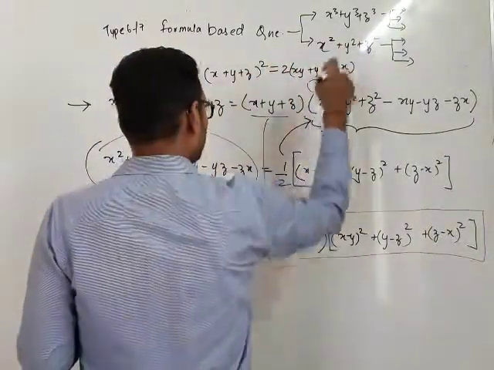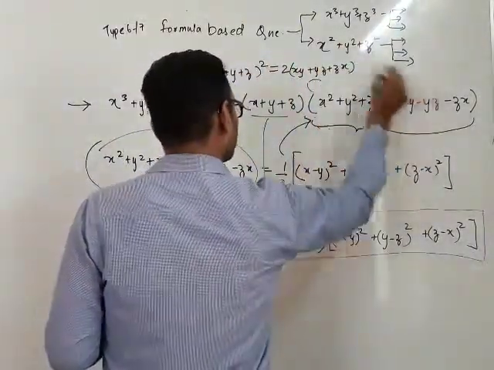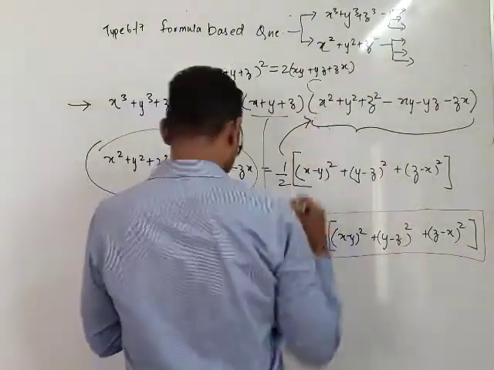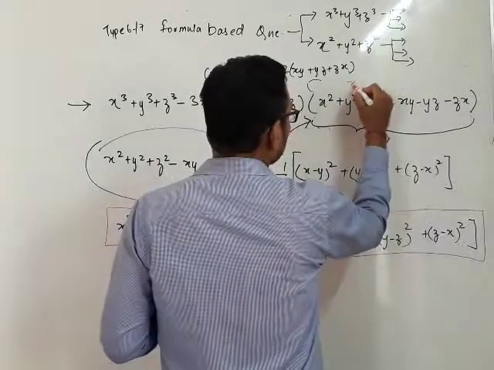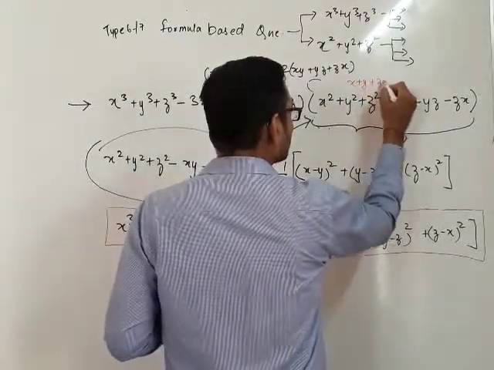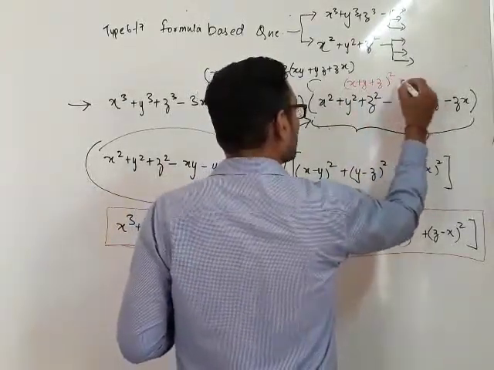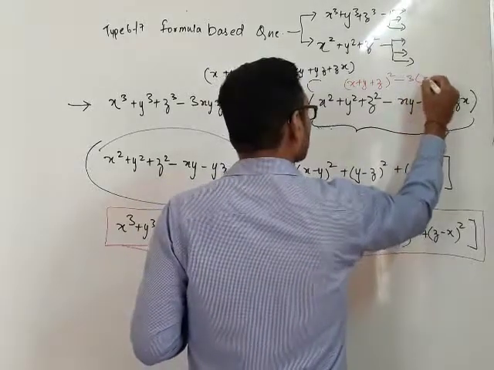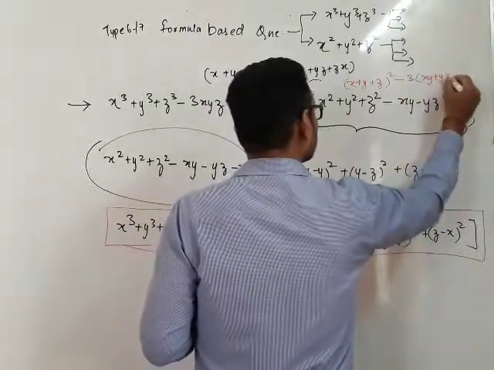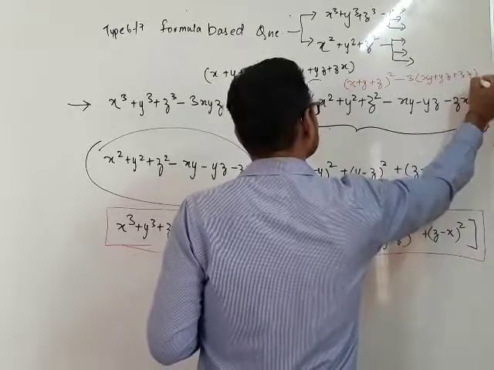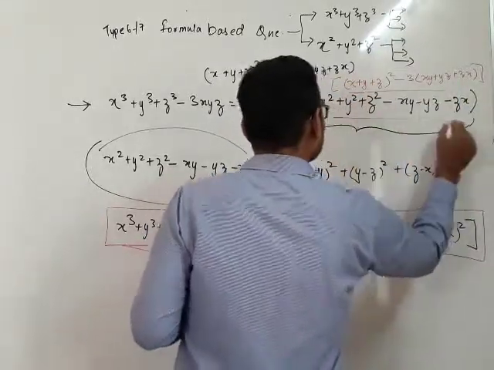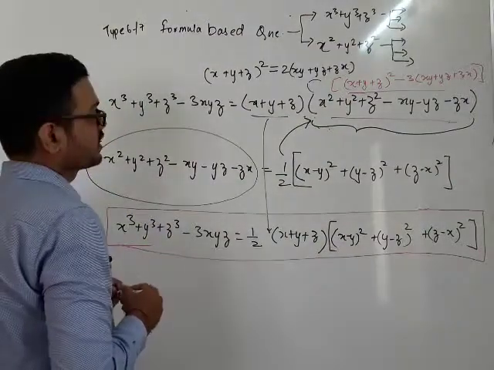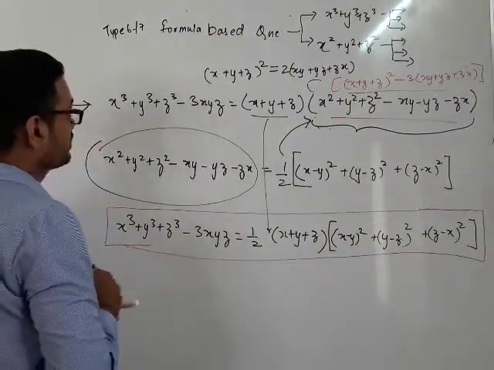Once we do this, you will come to know this can be resubstituted as x plus y plus z the whole square minus 3xy plus yz plus zx, this value. So please write this as a second most important formula.